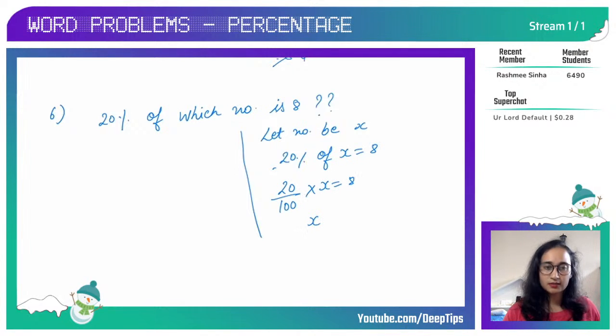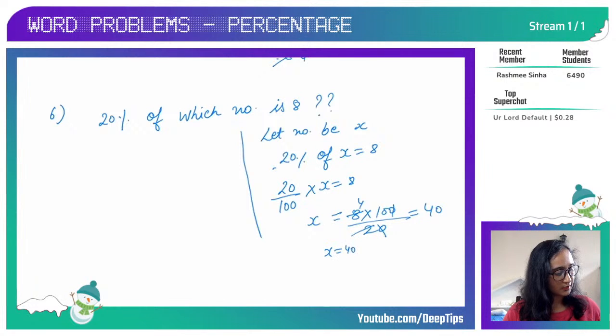So now we have to solve this for X. So X is equal to 8 into 100 upon 20. So I can cancel this 0, and 2 4s are 8. Then 4 into 10 is 40. So that means if I have a number 40, 20% of 40 is 8. So this is one method.